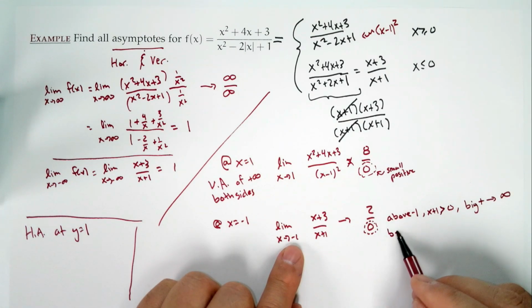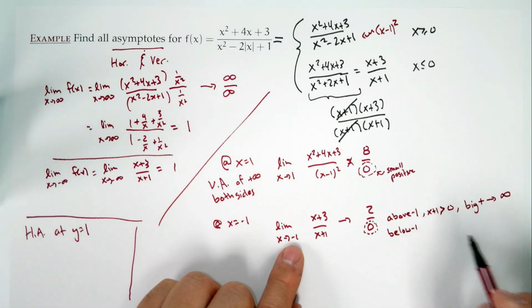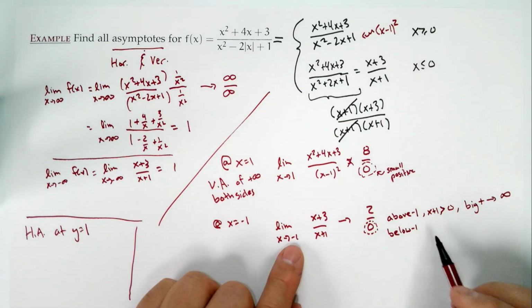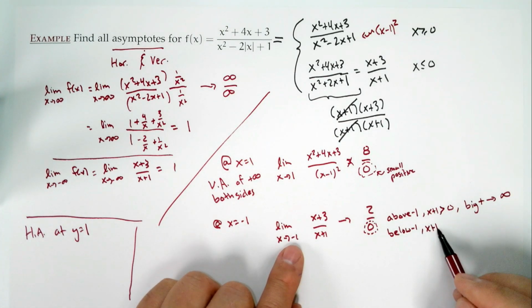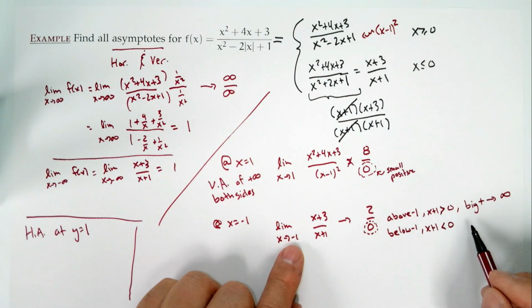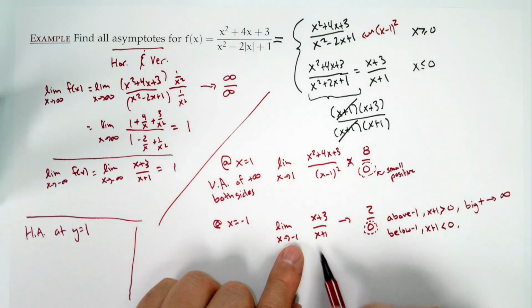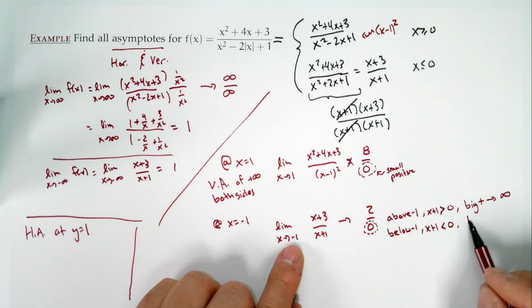If I'm below negative 1, so negative 1.00001 as an example, x plus 1 is a small negative number. Okay, well, then if I divide by that small negative number, that gets a big negative number. And so I'm heading towards minus infinity.